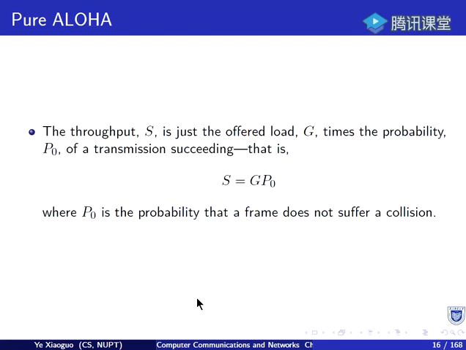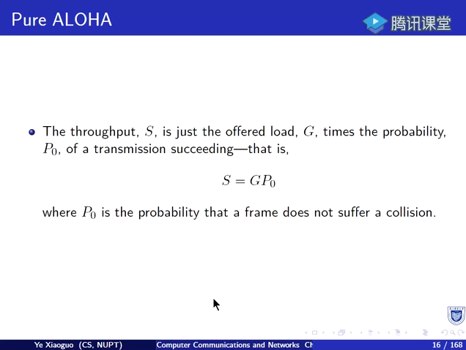The throughput S is just the offered load G times P0. Here P0 is the probability of a transmission succeeding.